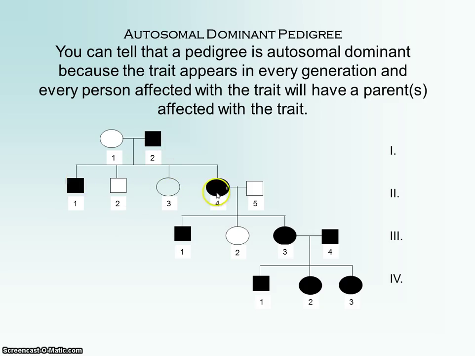And the same thing goes for child number 1 and child number 4. And then since two of the kids received both recessive alleles, that means mom had to give them one and dad had to give them one. Since the mom does not have the trait showing up in the phenotype, she's not carrying it, so she's also homozygous recessive. So that's a way that you can determine who's what by looking at the children and working backwards.